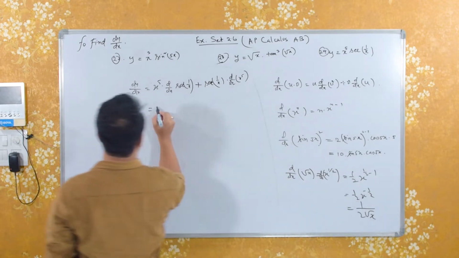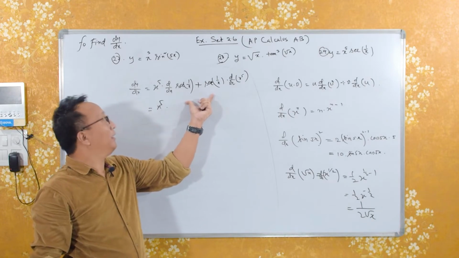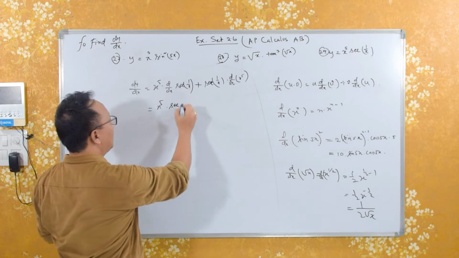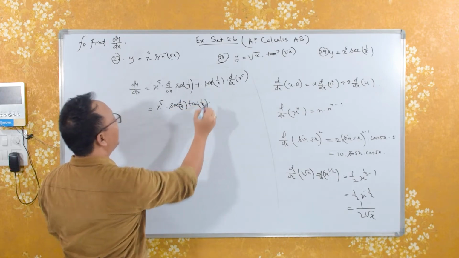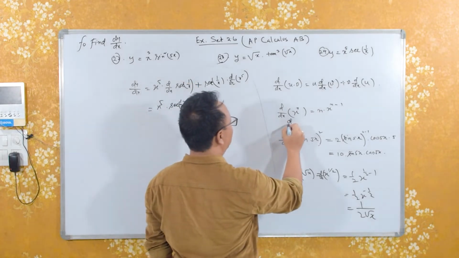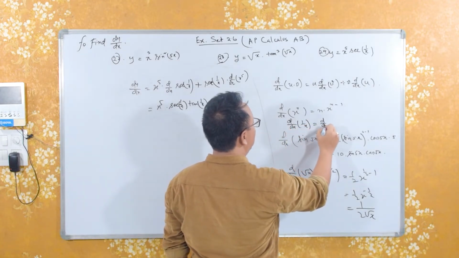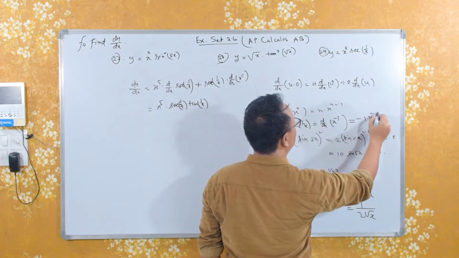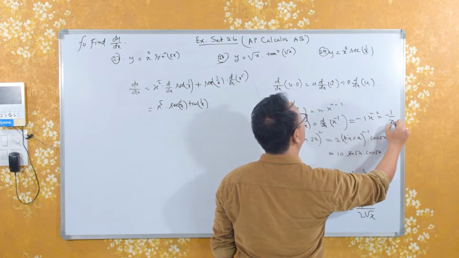Okay, here x raised to 5, differentiation of sec x is what? Sec x into tan x. Okay, therefore it will be sec of, our x is 1 by x, sec x into tan x, again dy dx of 1 by x. Okay, remember dy dx of 1 by x is same as dy dx of x raised to minus 1, same as minus 1 x raised to minus 2, is minus 1 by x square.